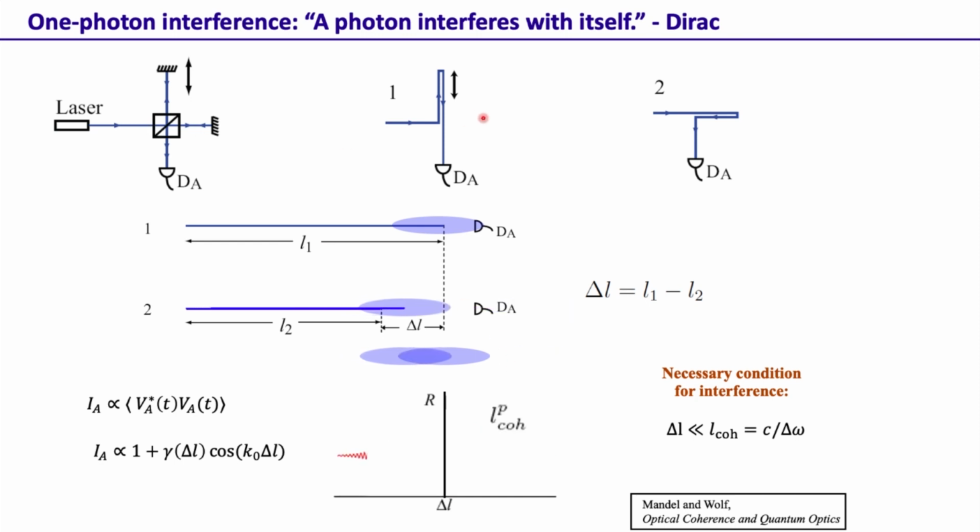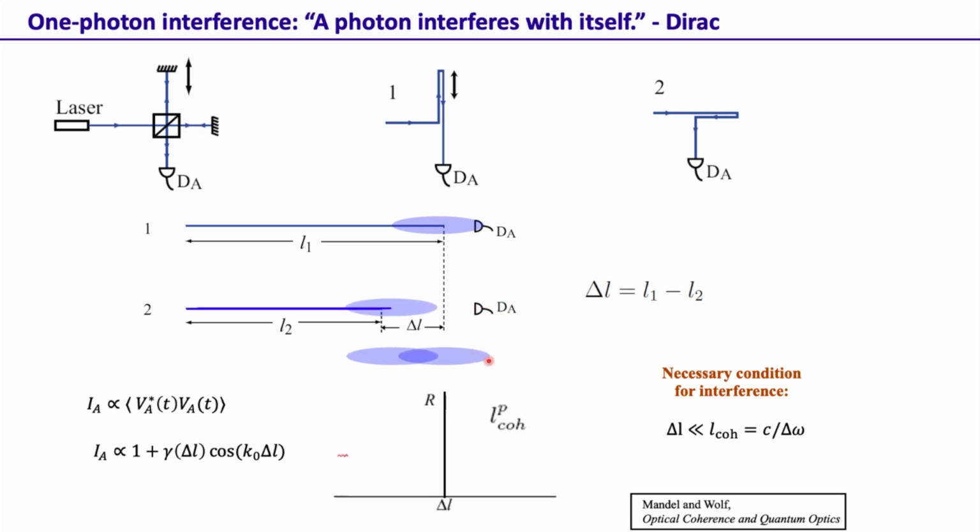As we increase, for example, this mirror, that increases delta L, and the overlap between the coherence packets in the two alternatives changes. When delta L is 0, the overlap is perfect and we see maximum visibility fringes.